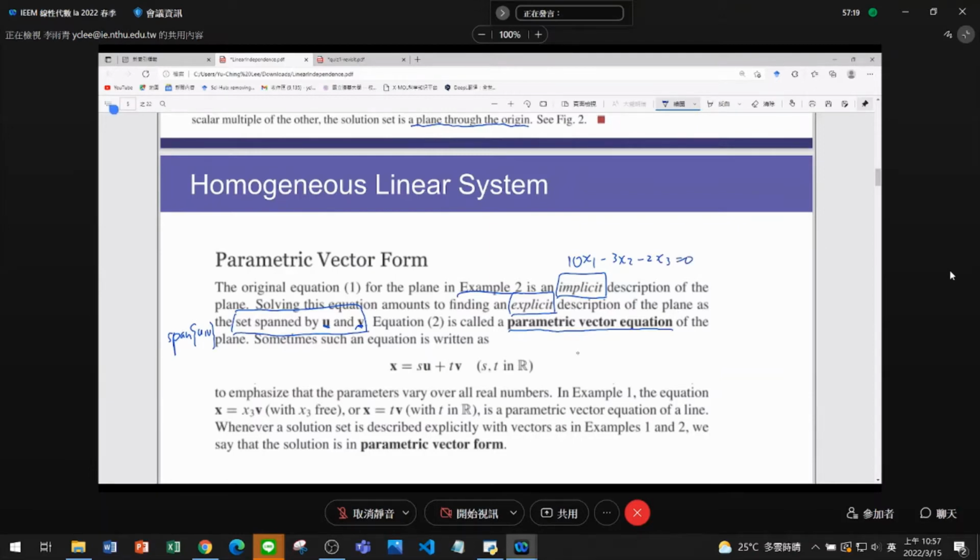This one is called the implicit description. And the parametric vector expression is what we have: x2 times u plus x3 times v. This one is called the parametric vector equation, or span of u, v.